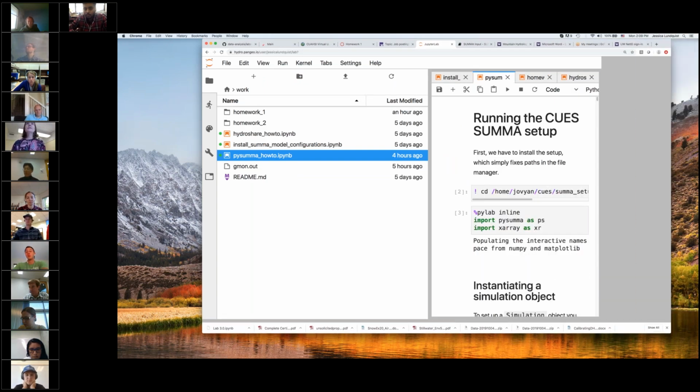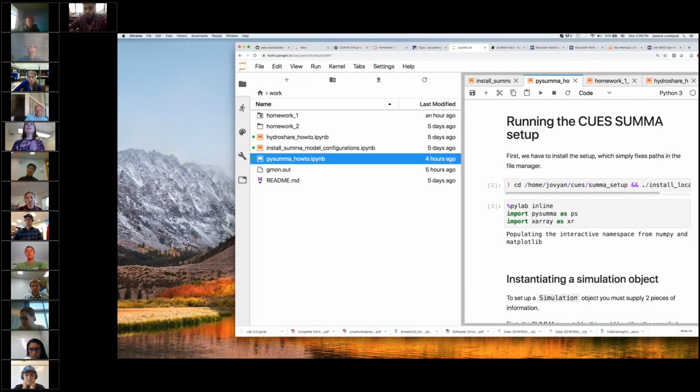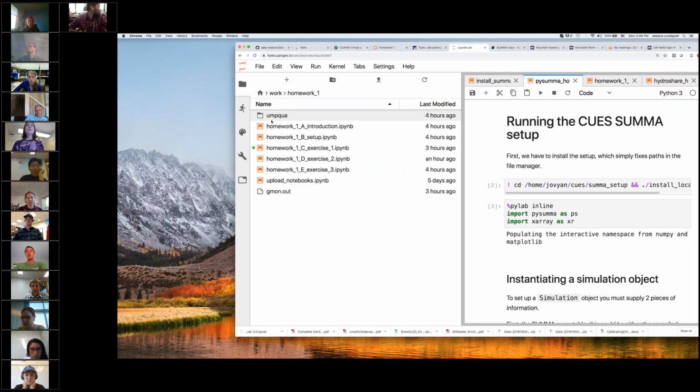You should be able to see Homework 1. Homework 1A and B is what I want you to run through. Homework 1C, we're going to start talking about today, and we'll talk more on Wednesday. Homework 1D is what you really have to do and modify. And then Homework 1E is optional.